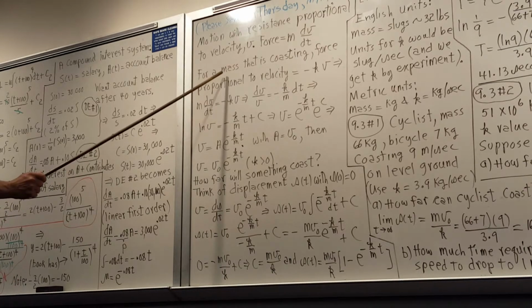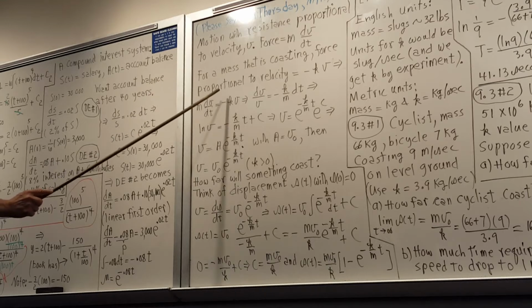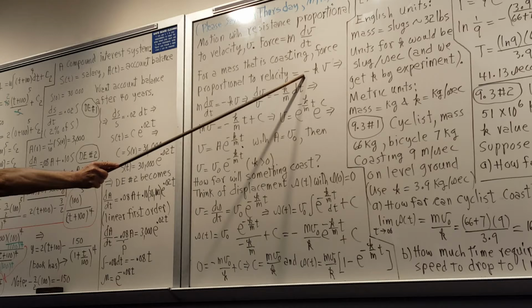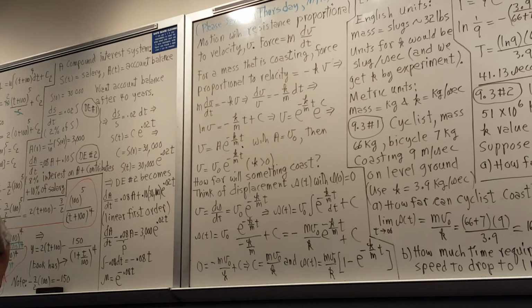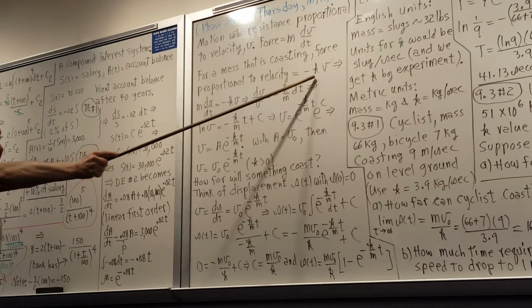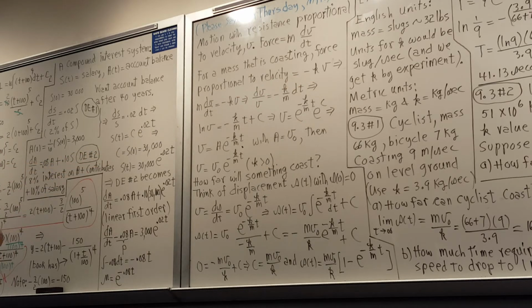So for a mass that is coasting, we suppose that there is a force wanting to slow the whole thing down, so that's why the minus, proportional to the speed that it still has as it's slowing down. So again, you can think of the person on a bike just coasting for a while.